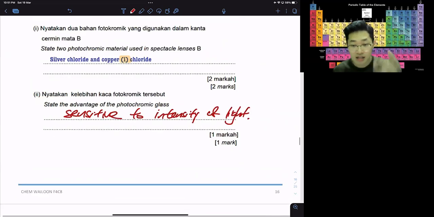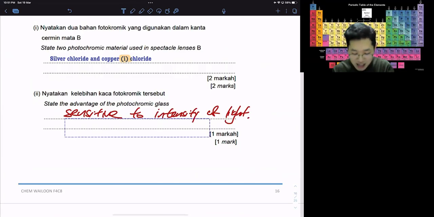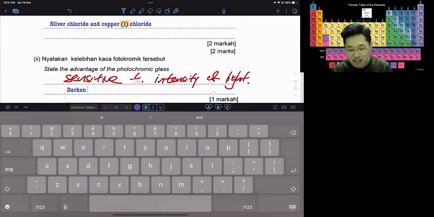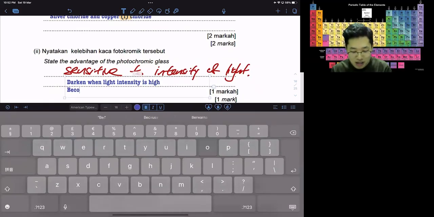That means you can write the specs darken when the light intensity is high, and then become transparent when the intensity is low.